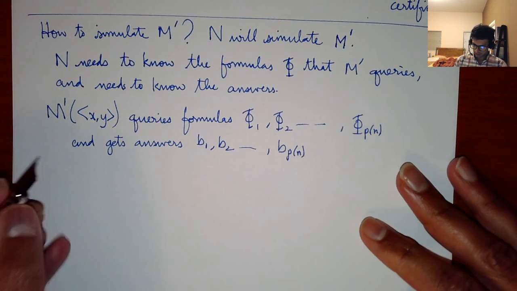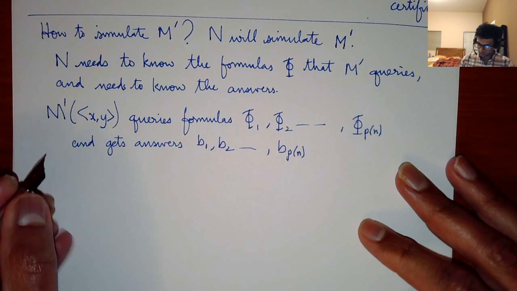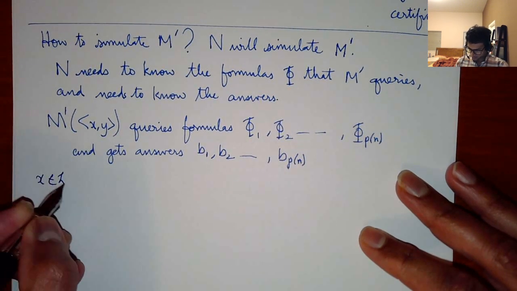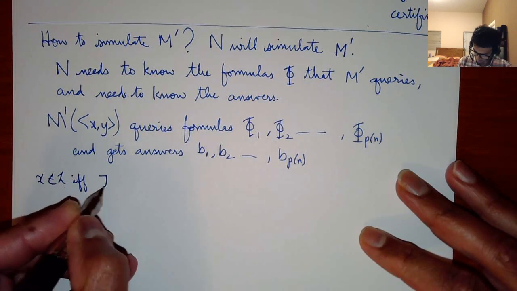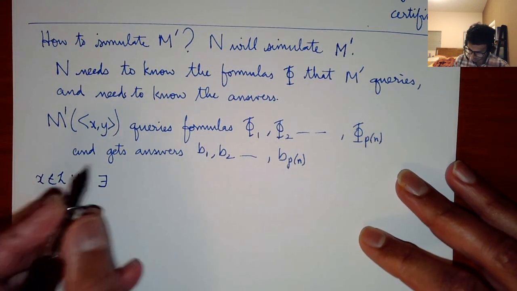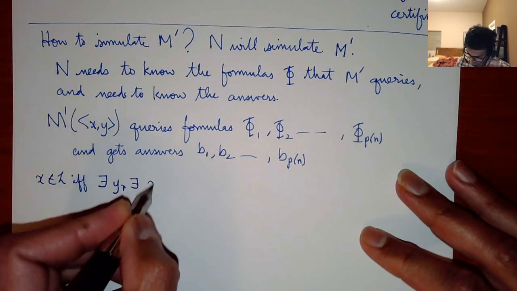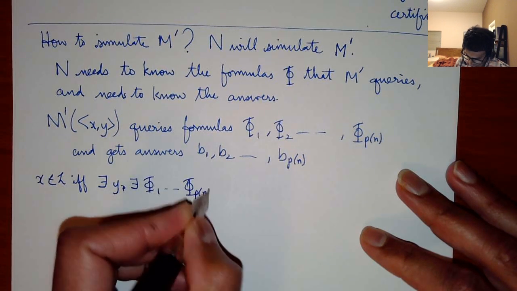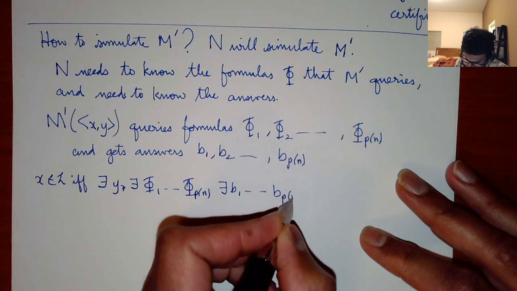So here is how we're going to state this. We'll say that X is in the language if and only if there exists the initial certificate Y, there exists phi 1 going up to phi of Pn, there exists B1 going up to B of Pn.